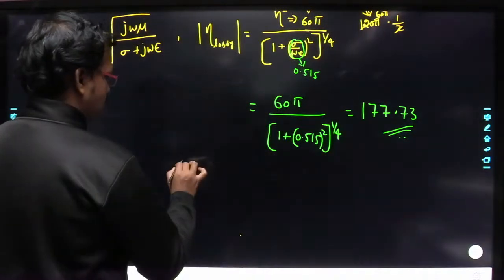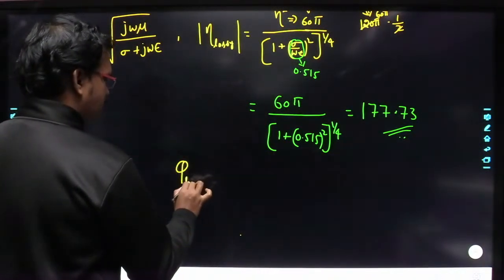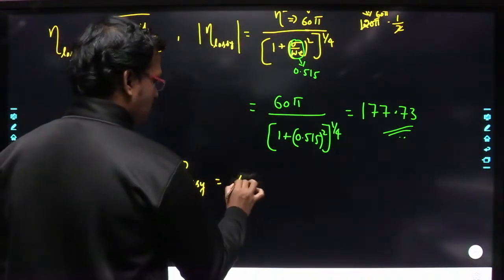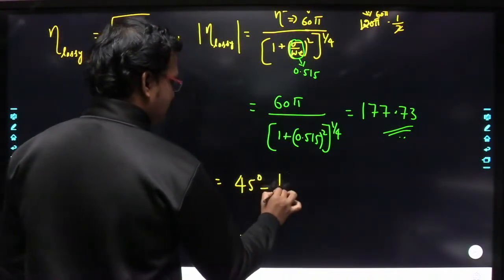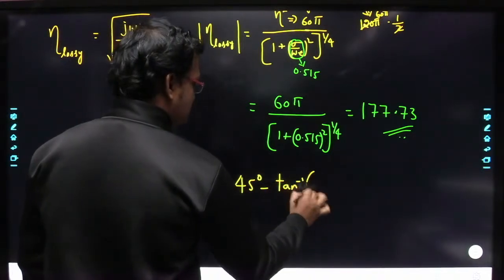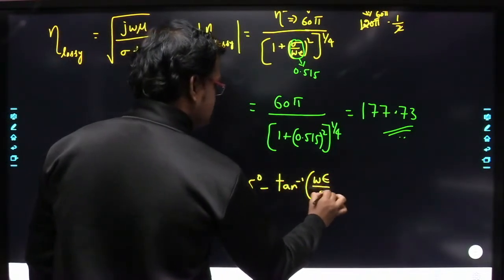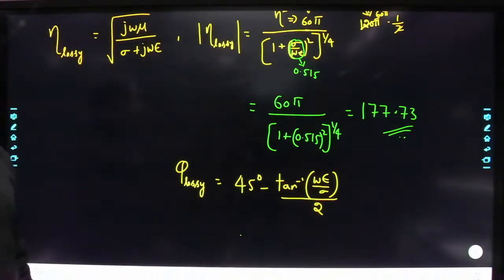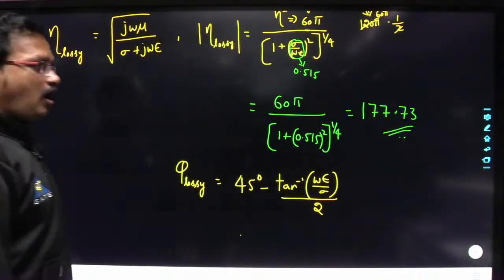The phase shift I am representing with phi lossy, which is equal to 45 degrees minus tan inverse of omega epsilon by sigma divided by 2. This is the expression for phi lossy; we already derived these things in the previous problem.